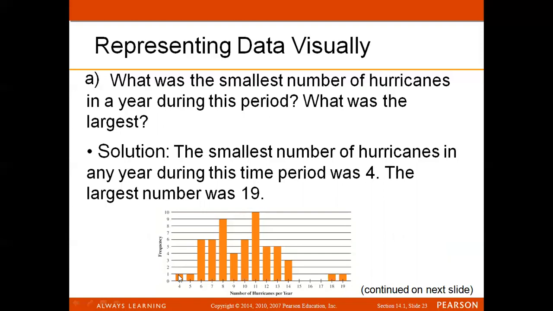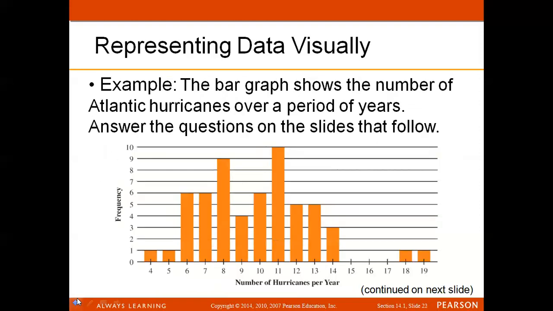Maybe I'm missing something. Oh, number of hurricanes is on the bottom. Okay, got it. So each year, it's not that this is year 4, this is the number of hurricanes, right?